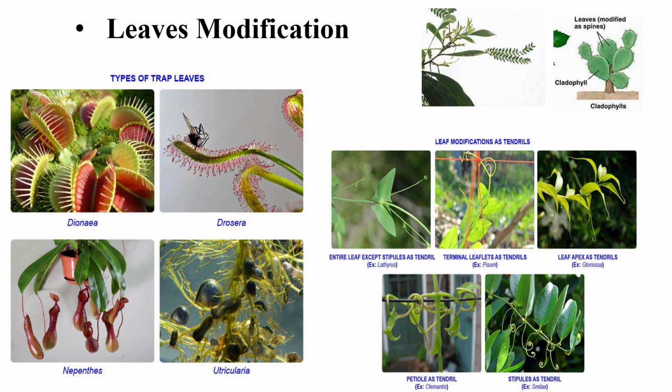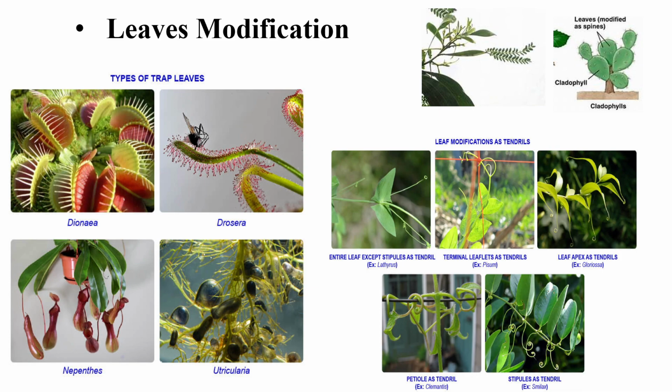Some insectivorous plants like Dionaea, Drosera, Nepenthes, Utricularia are used to trap insects or their larvae. In Opuntia, axillary buds are modified into spines on the phyllodes. In Acacia melanoxylon, the primary rachis or petiole is modified into a flat, green and photosynthetic structure.